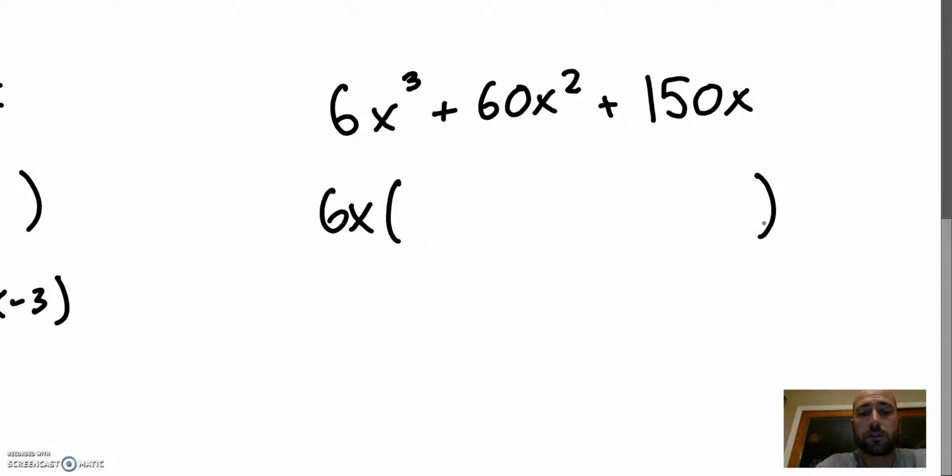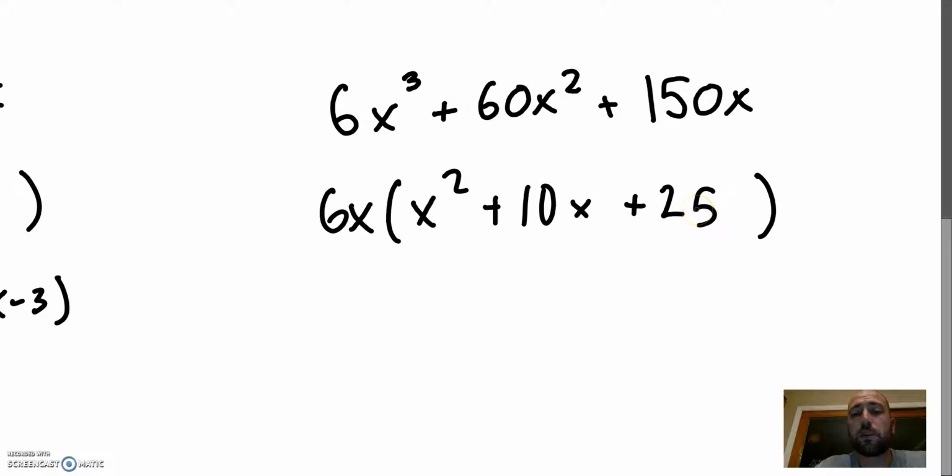Let's see what's left. We have x squared plus 10x plus 25. Trinomial with that a term, a value of 1. So that fits into that pattern that we've been using to factor a trinomial. The plus sign next to the 25 indicates that the signs of my factors will be the same.